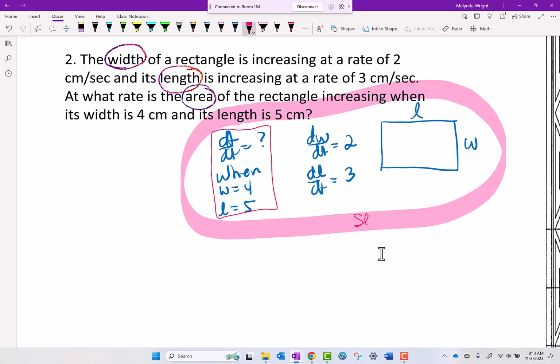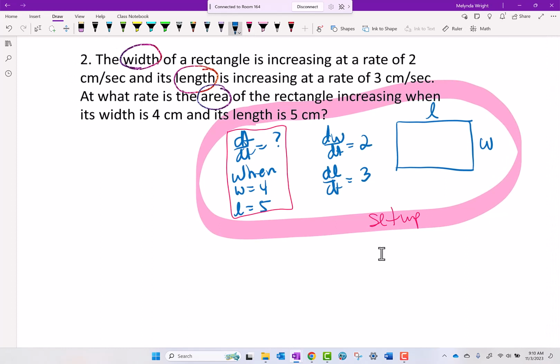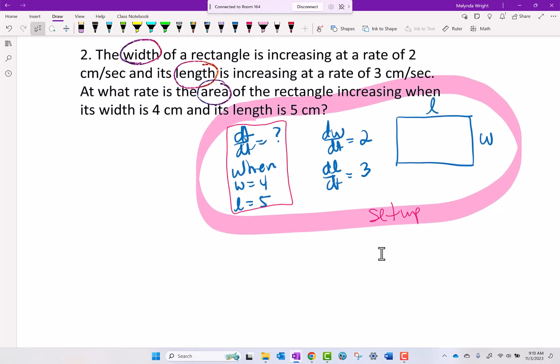So after setup, our next step, step 4, is to write an equation that relates the variables together. We need to relate together A and W and L. So if we're wanting area of a rectangle, we know that formula from our past math classes.